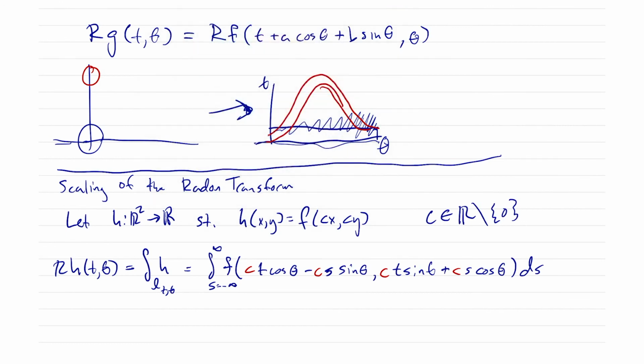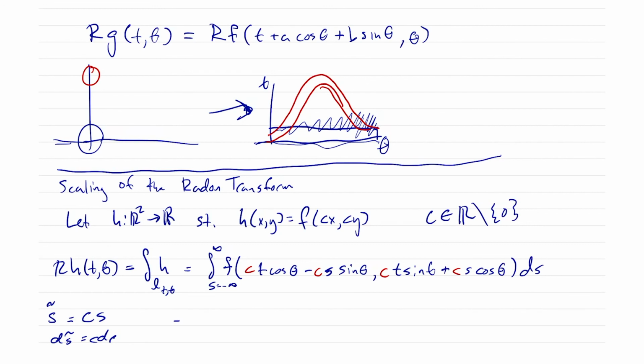Okay, so the first thing we want to do is change s. We can set s twiddle, so we don't think this is a derivative, equal to c times s. And so that gives me ds twiddle equal to c ds.